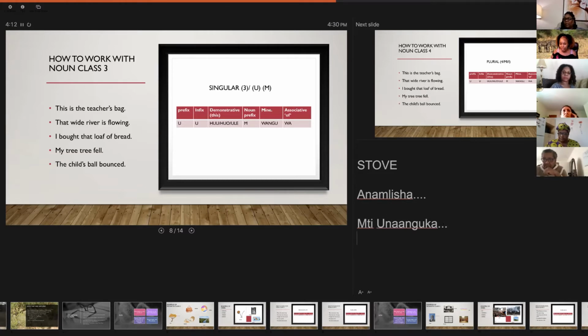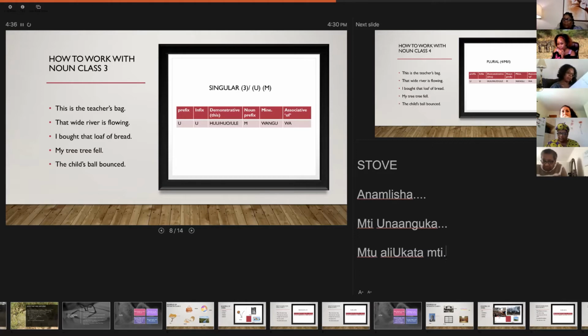Okay. But if I want to talk about the tree as a recipient of an action, like the tree was cut down, I will say mtu, because mtu is a person, we'll start with a, li, u, kata, mti.